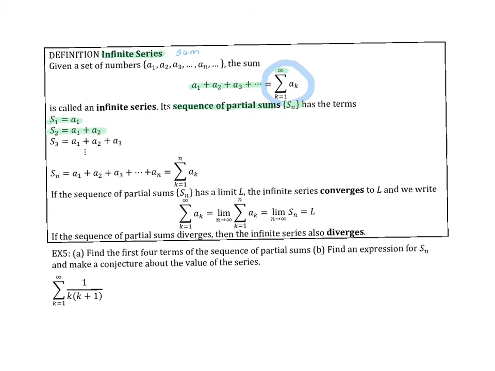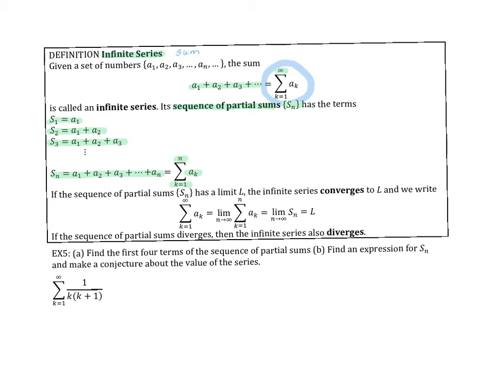So A sub 1 plus A sub 2. S sub 3 says add the first three terms up. So in general, S sub n says you're going to add up the first n terms. So now notice that we're starting with 1 and we're ending with n of our series.